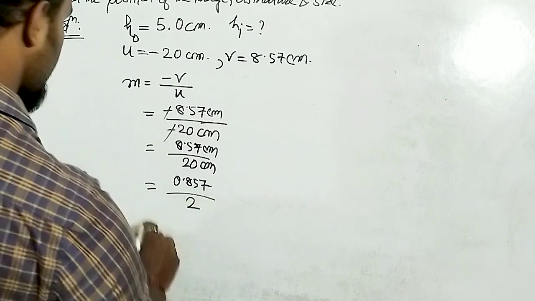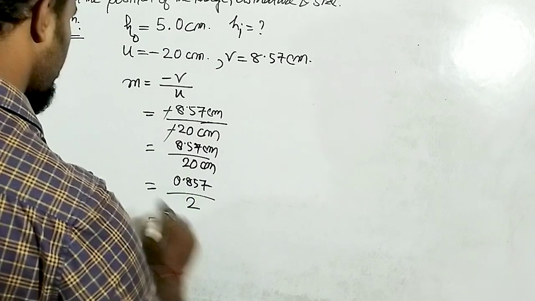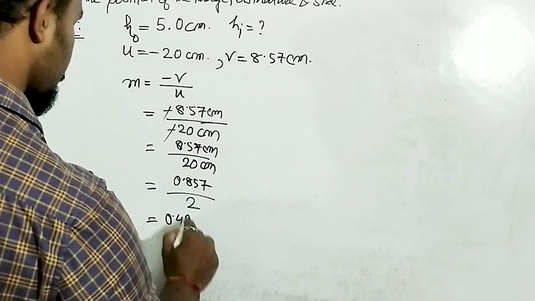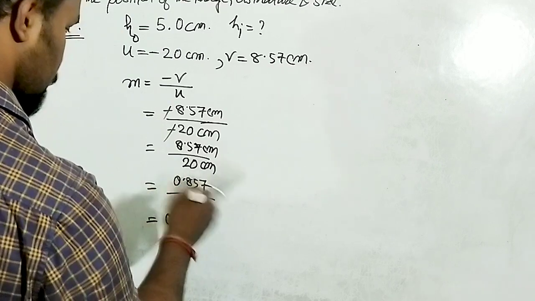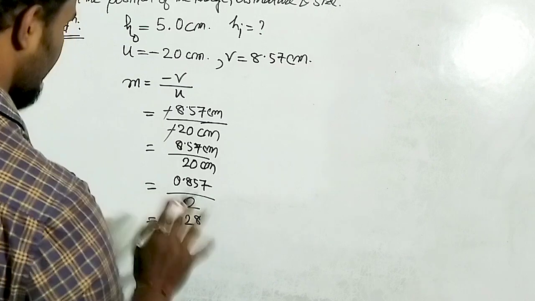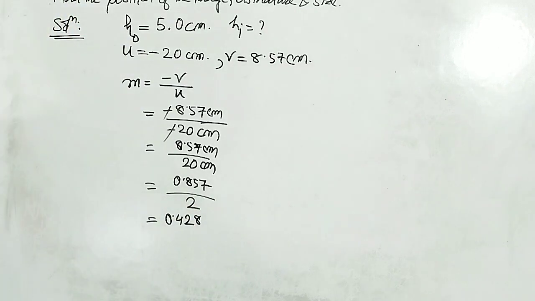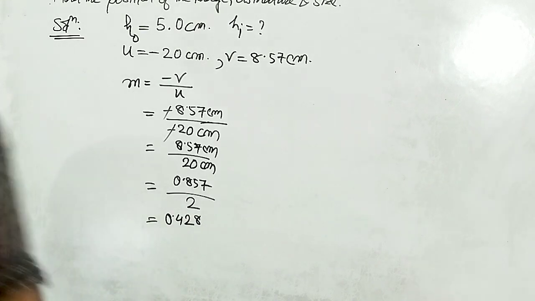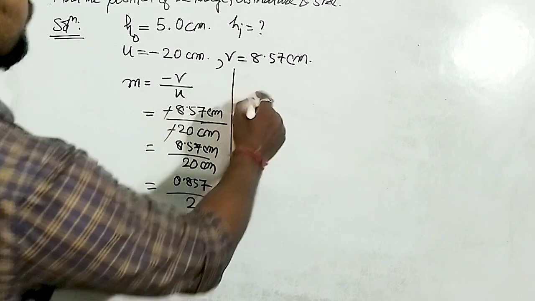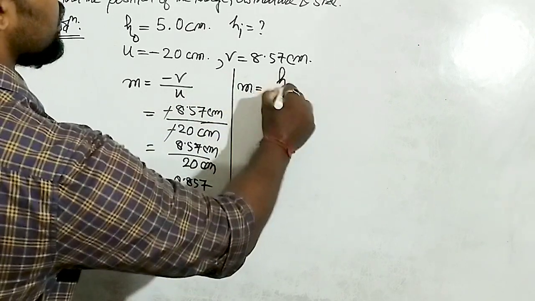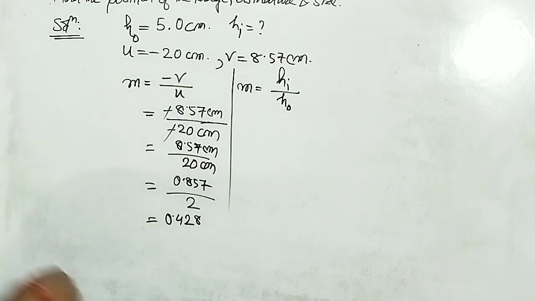So what will be the answer? The answer will be 0.428. Clear? 0.428. So we got the magnification as positive, right? Magnification positive means what? Magnification again has a formula, m equal to h i by h o.